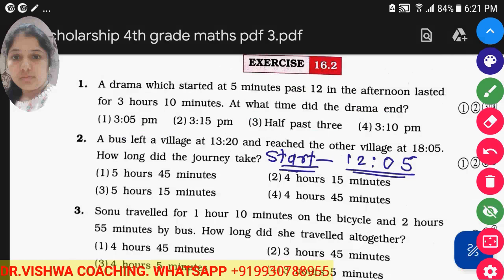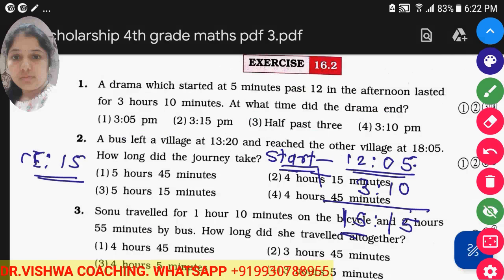Okay, and it ends after 3 hours and 10 minutes. So you can add minutes to minutes, hours to hours. 5 plus 0, 5, 0 plus 1, 1, 3 plus 12, 15 and 1 as it is. So it becomes 15 hours 15 minutes.